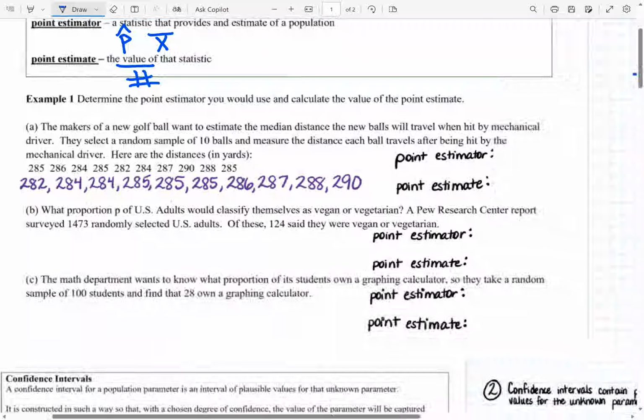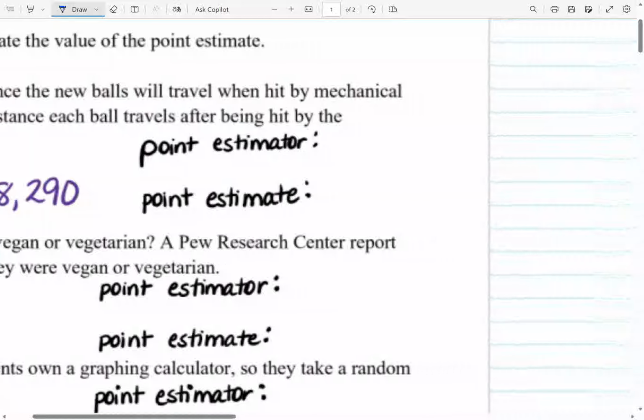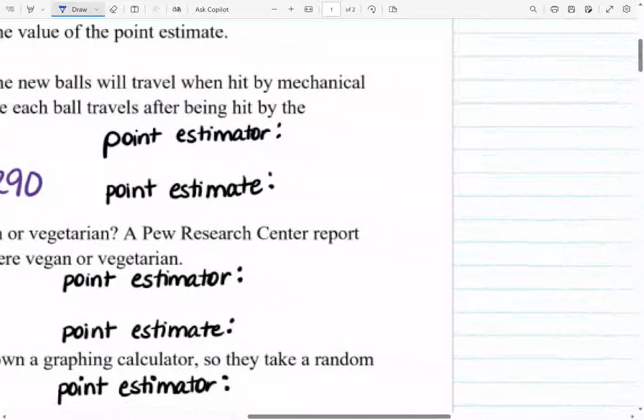Here are the distances, and I've gone ahead and reordered those distances so that they're in numerical order. We have a random sample and we want to estimate the population median. So what we're going to use to estimate the population median, our point estimator, is our sample median.